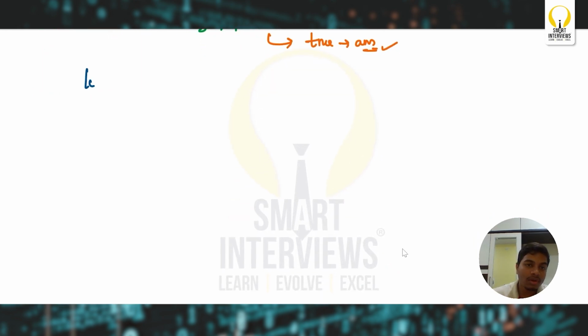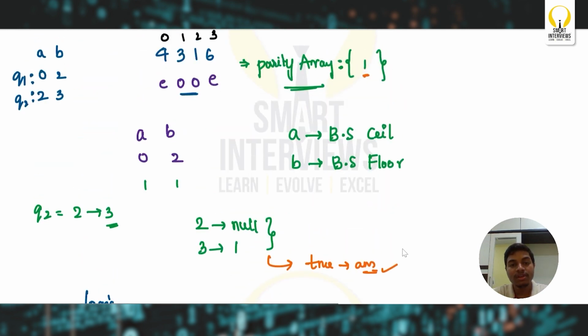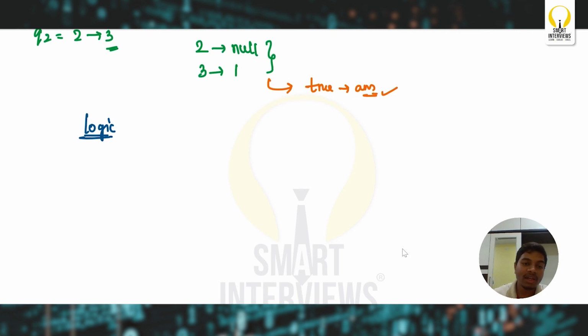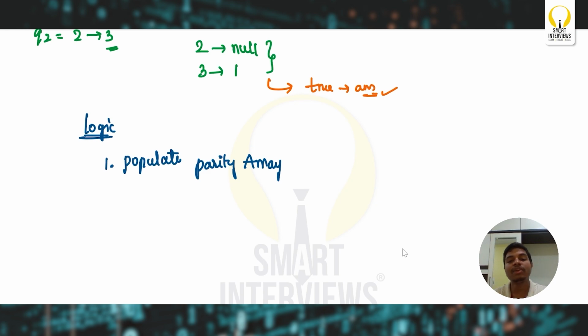So let us make the logic more clear. Let us go through the logic once again. The first thing we did was populate the parity array. As I already discussed, this parity array stores the starting index of a pair which is adjacent as well as having the same parity.